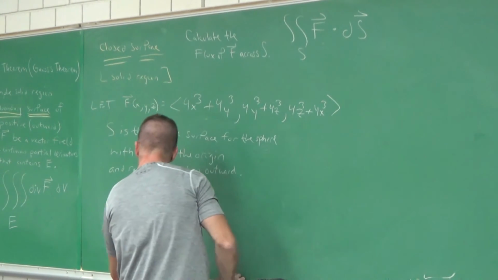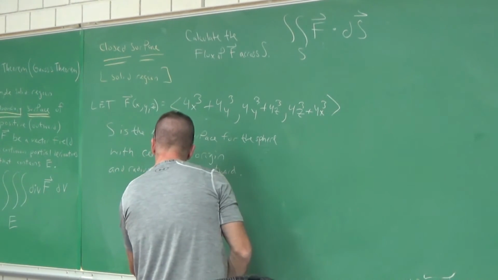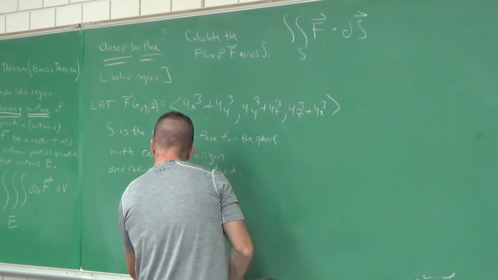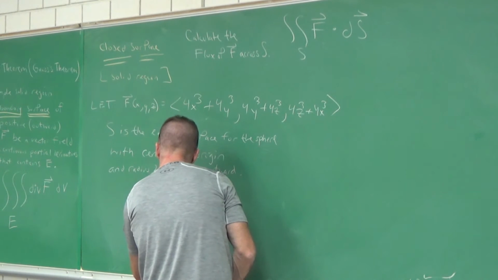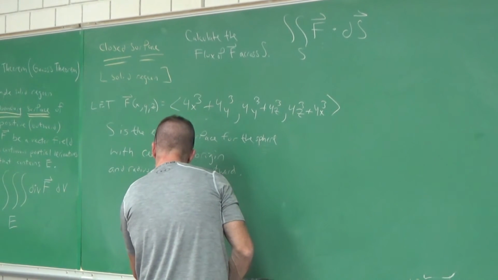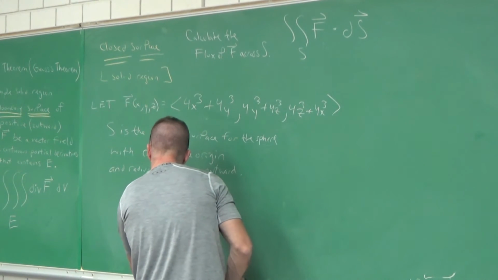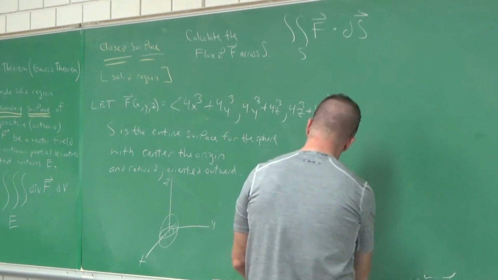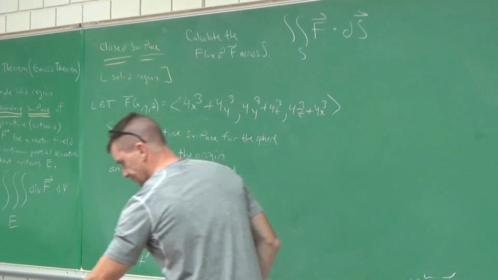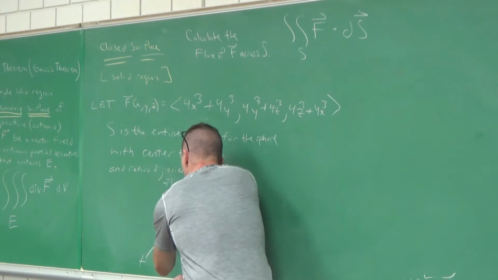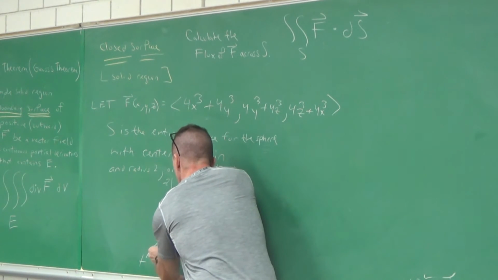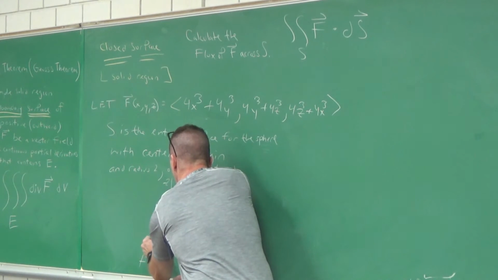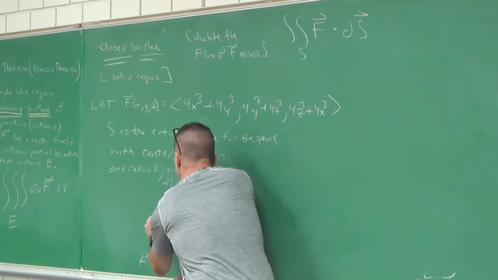Z-axis, y-axis, x-axis. We got a sphere with a radius of 2, right? You go 2 that way. Now, I like to draw little normal vectors off this thing. Outward orientation, off the entire sphere.